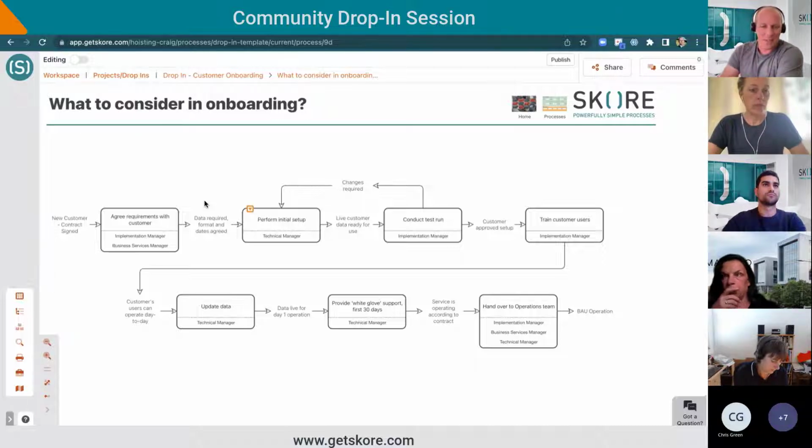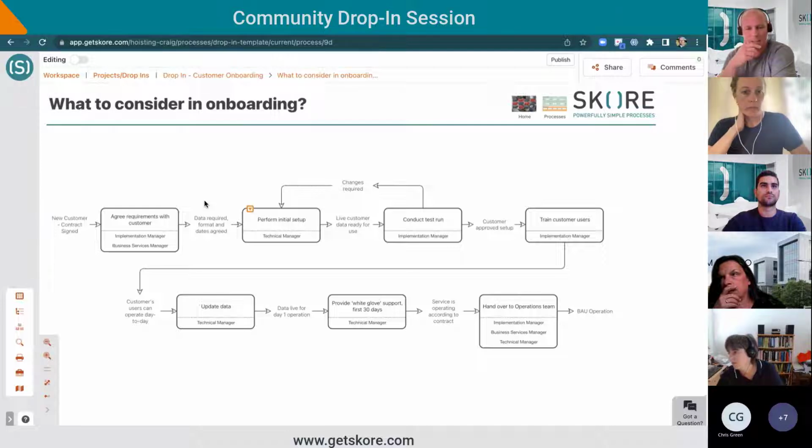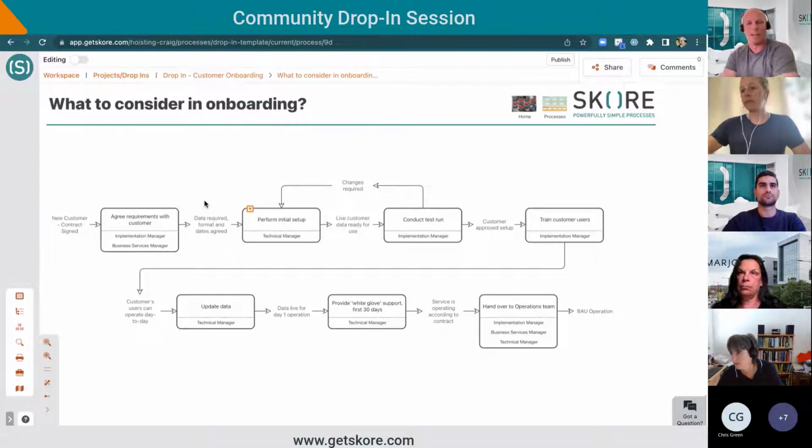What was fascinating about this example is that they didn't have anything like this documented. I think what they had was a very basic checklist, in a Word document or a spreadsheet, of some basic things they needed to capture with the client. But essentially they were selling an outsourced service to the client.